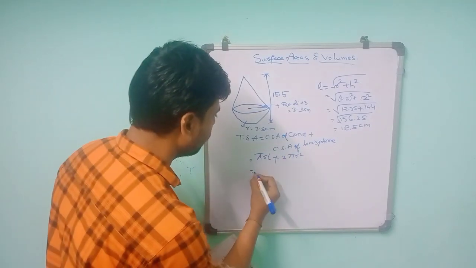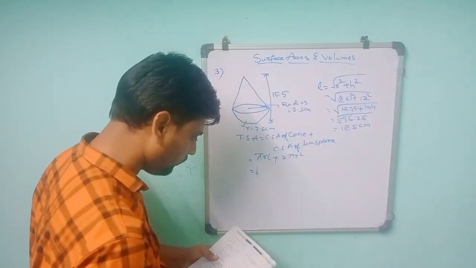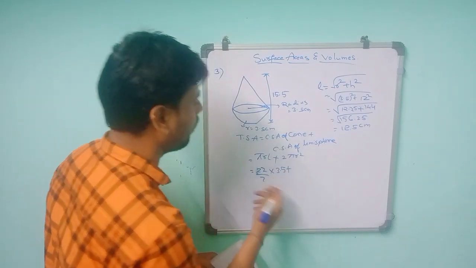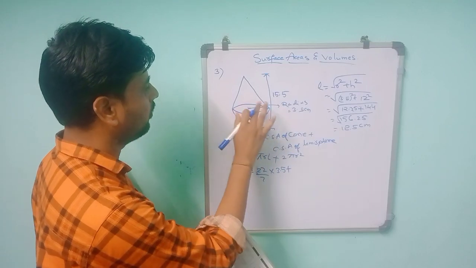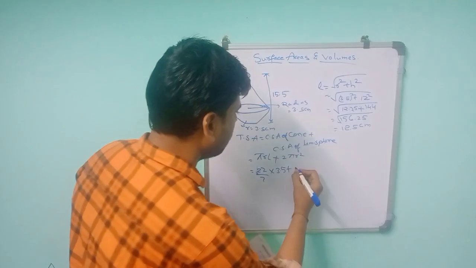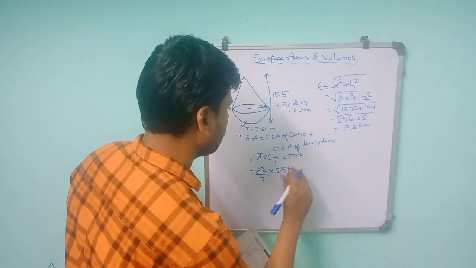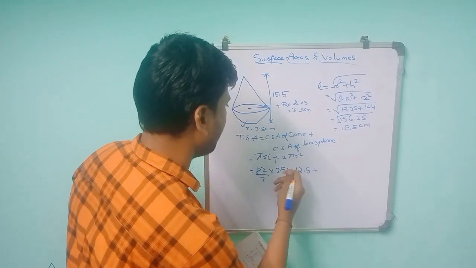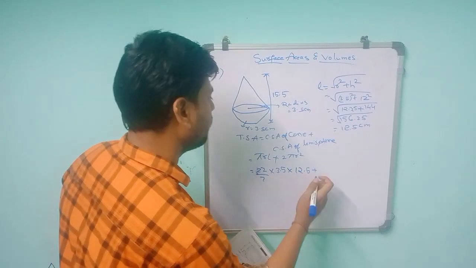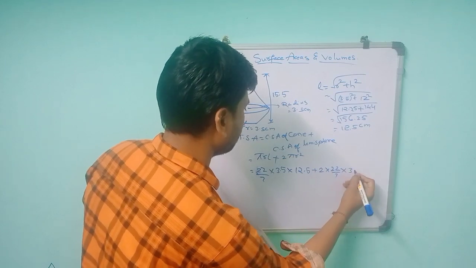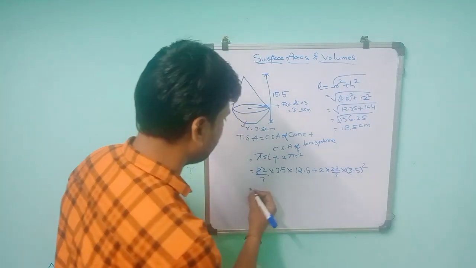Then we have to substitute this. 22 by 7, r is 3.5, both are the same for hemisphere and cone. l is 12.5, so pi r l, then 2 pi r square, 2 into 22 by 7 into 3.5 whole square.